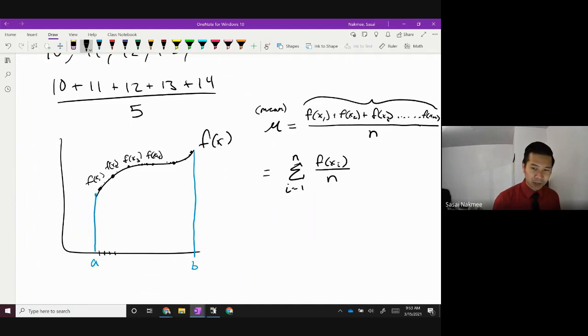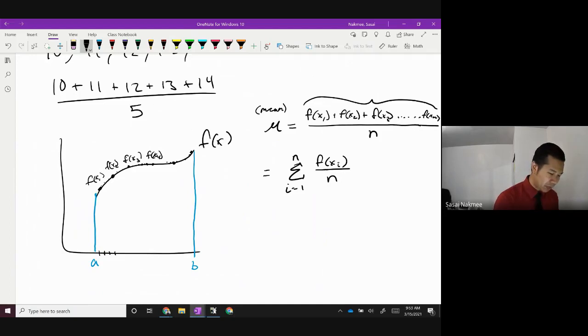If I do a little bit of rewriting here, I can change this around and write this as, you ready? This n depends on how many n's we have here. I can just rewrite that as delta x divided by b minus a.